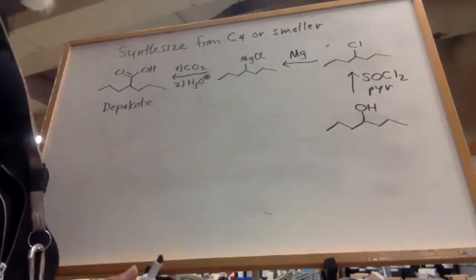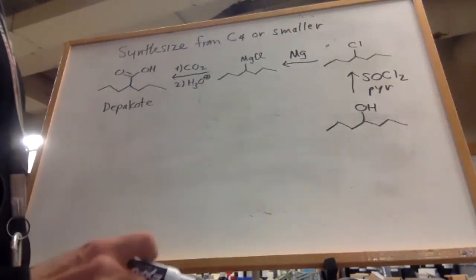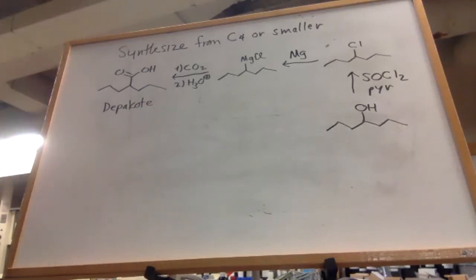So we're going to have to make this guy as well. All right, now once again, it's an alcohol, and we have bazillions of ways of making an alcohol. Right now, all we want to do is make this alcohol from something that has 4 or fewer carbon atoms. So how about another Grignard reaction, right?